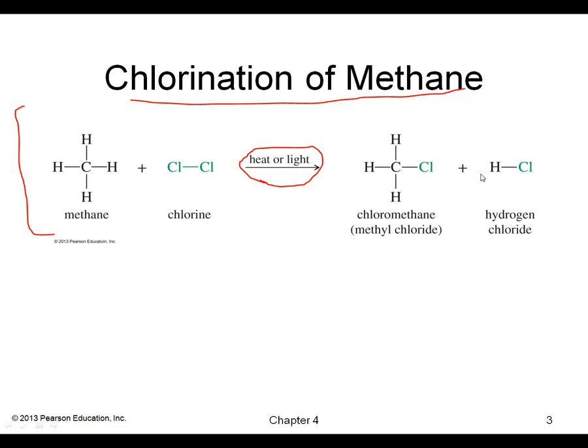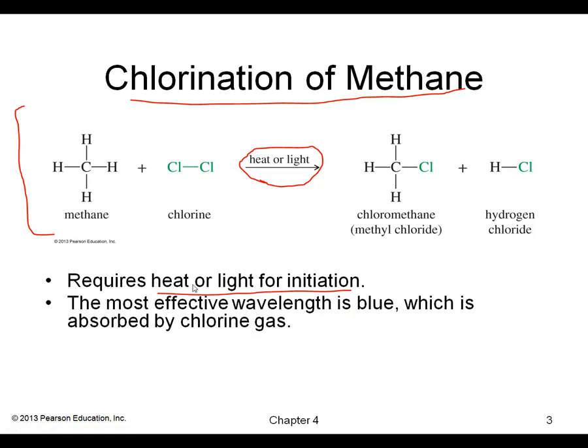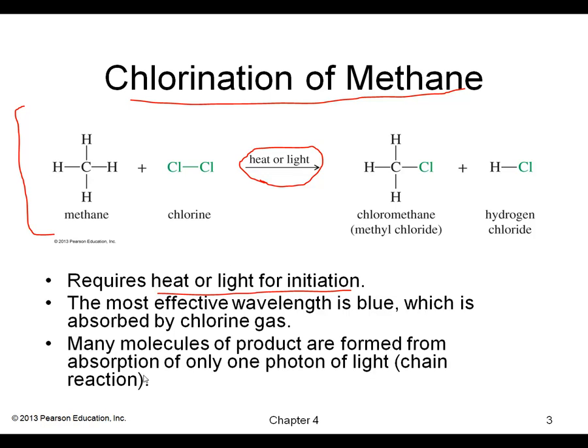One chlorine goes on there and the other chlorine attaches to a hydrogen. Okay, and again the need for heat or light in order to generate radicals. Okay, the most effective wavelength is blue, which is the high energy wavelength in terms of using light.